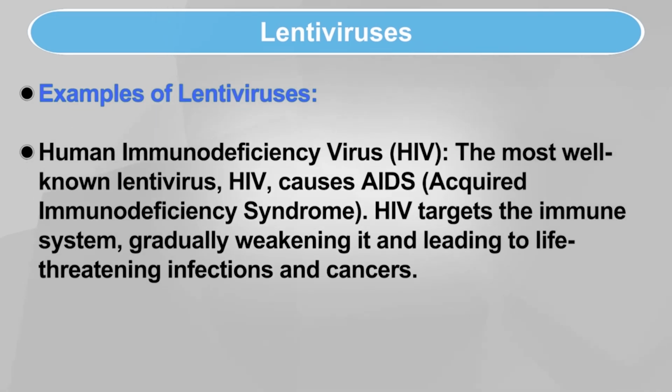The first one is HIV, human immunodeficiency virus, the most well known lentivirus. HIV causes AIDS, that is, acquired immunodeficiency syndrome. HIV targets the human immune system, gradually weakening it and leading to life-threatening infections and various cancers.